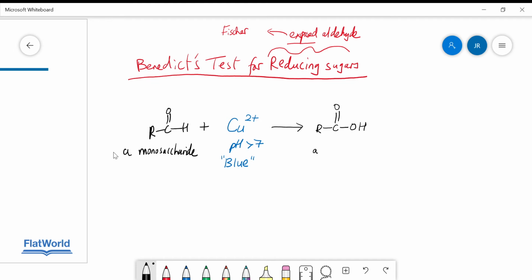So this is a carboxylic acid. pH is now less than 7. And I'll switch back to the red pen. Copper 1+, which is a red-brown color.